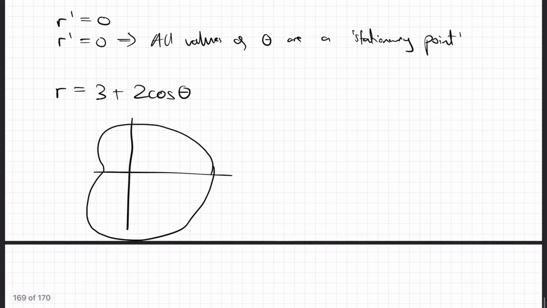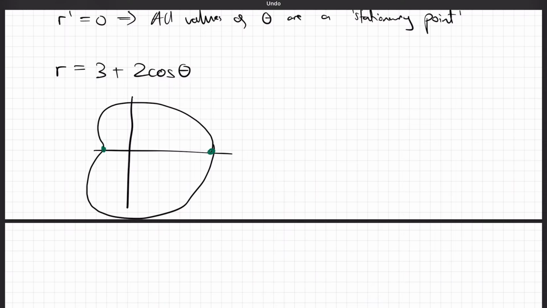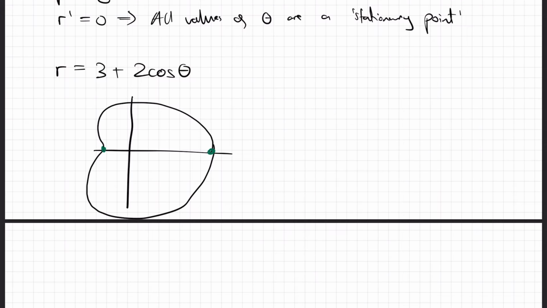You can see that we have two stationary points, one here and one here. The reason I picked this graph is because these are the two different types of stationary points. We could call this one a maximum and this one a minimum, putting them in inverted commas because, again, whenever we talk about stationary points in polar coordinates, they're always a bit weird.